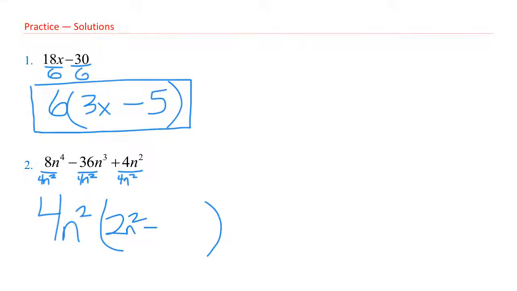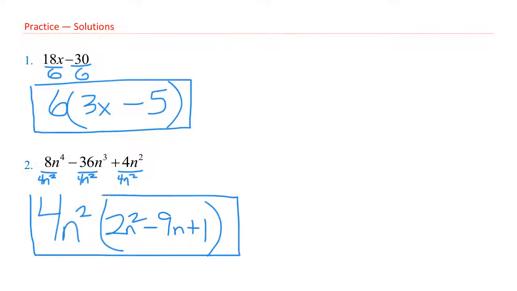We'll put a minus 9n in here. And finally, 4n squared divided by 4n squared leaves us 1. So we'll put a plus 1 here. And now we have our factored expression: 4n squared times parentheses 2n squared minus 9n plus 1. Let's move on to the next practice problem.